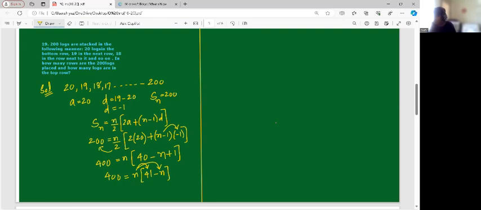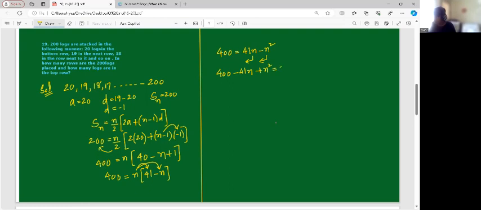So 400 is equal to 41n minus n square. Take this value and this value to that side. This is 400 minus 41n plus n square is equal to 0.